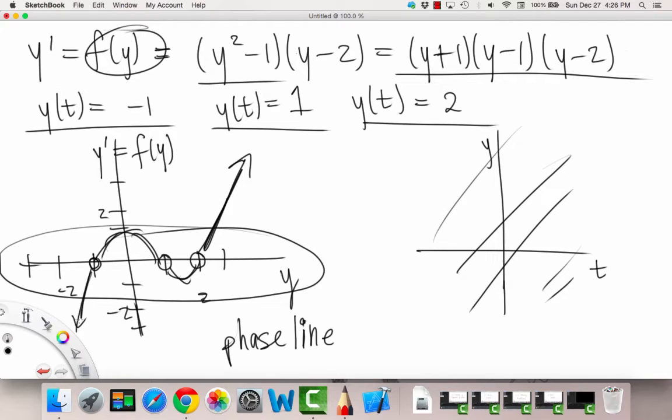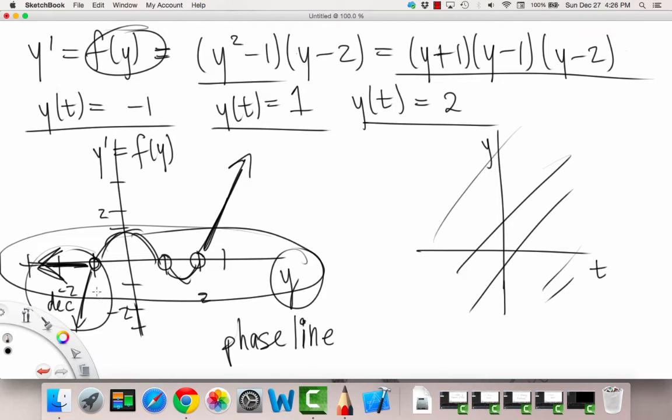So up to -1, our y prime is negative, right? So what does that mean? When our y prime is negative, that means the slope is negative, which means that our y value, our function, is decreasing. So I'm just going to write decreasing down here. That means that our y, which is this axis, is going this way. It's decreasing. So there's that arrow there.